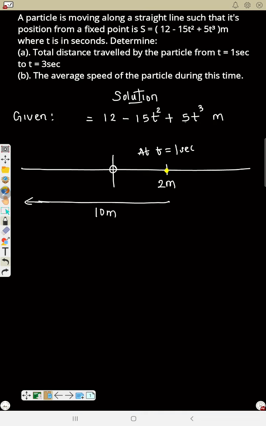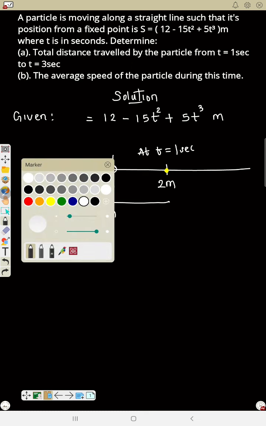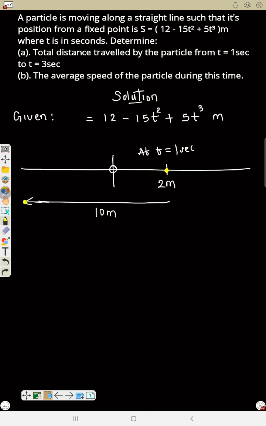Since at t equals 2, we have seen that from origin the position is -8. So I'm doing everything once now. From this position, it's at another position here, at t equals 2 seconds. From here again it moves another 12 this way.